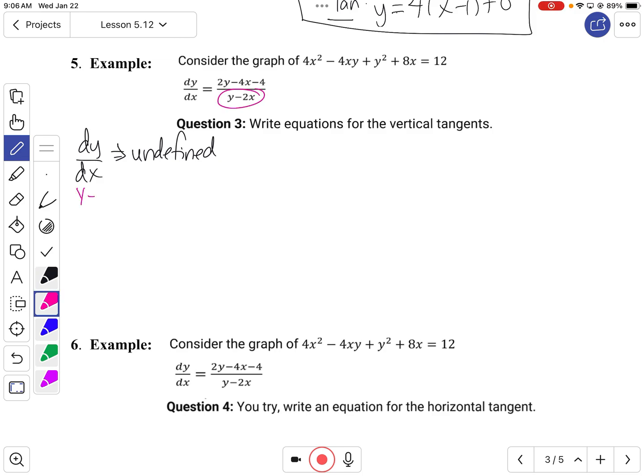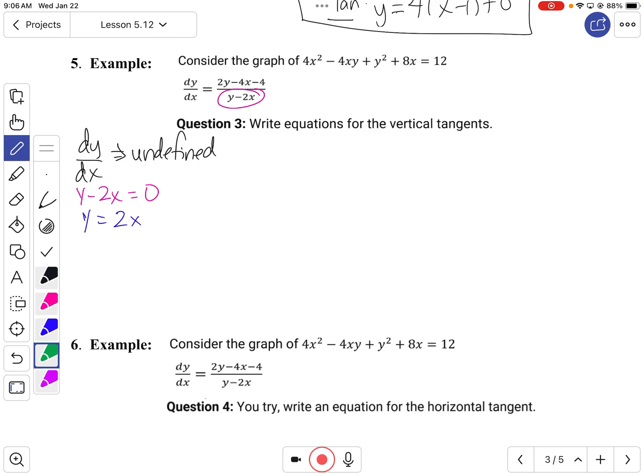Where is y minus 2x equal to 0? Well, that's really not going to help me because I got 2 variables, right? But I know y would actually be equal to just what? 2x. Okay. y would be equal to 2x. So let's go back to that original equation and find that x value.